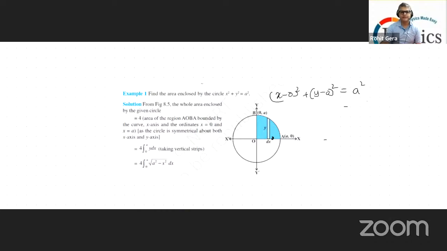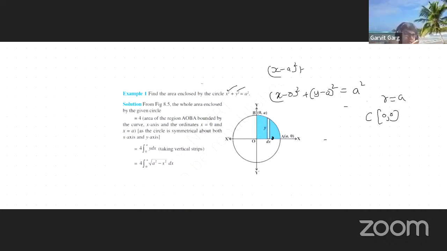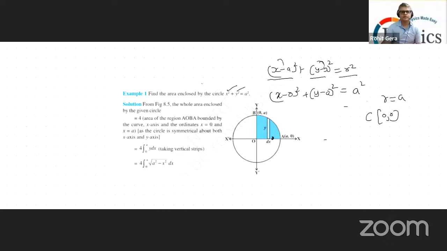So the radius is a and the coordinates of the center are (0, 0) because there is no x minus 2 square plus y minus 3 square. This is the general form of a circle. Here a is 0 and b is 0, which makes this x square plus y square.